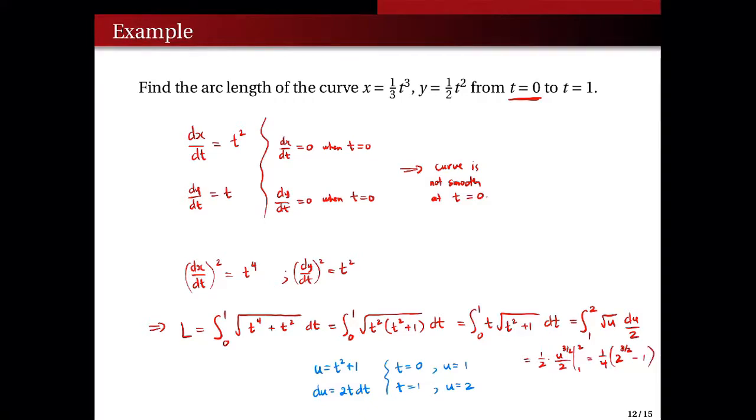You can write the final answer in this form. Questions?